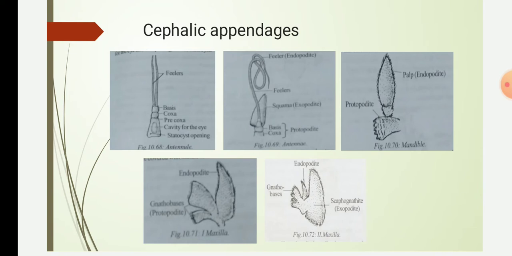The eye is also a sense organ, for vision, whereas the statocyst is for balancing. Then the endopodite and the exopodite are made up of many segments which are modified into two short flagellae.